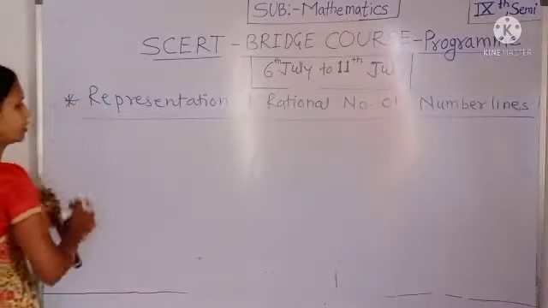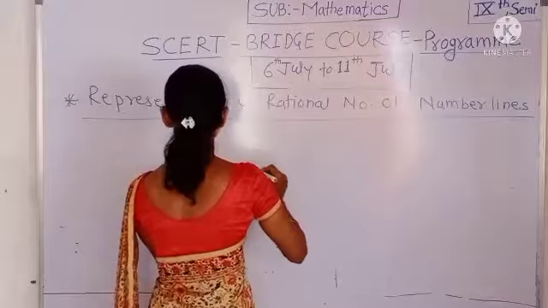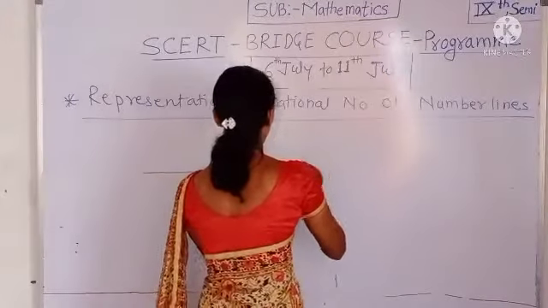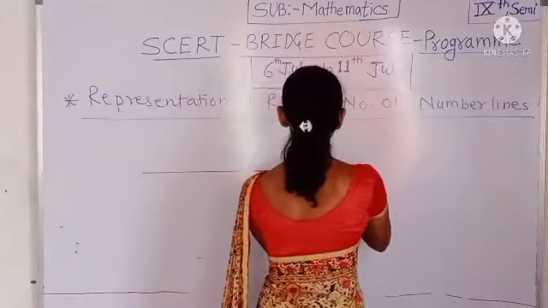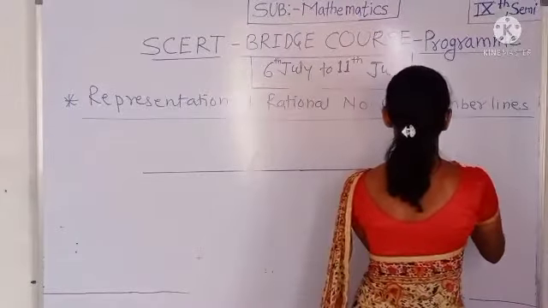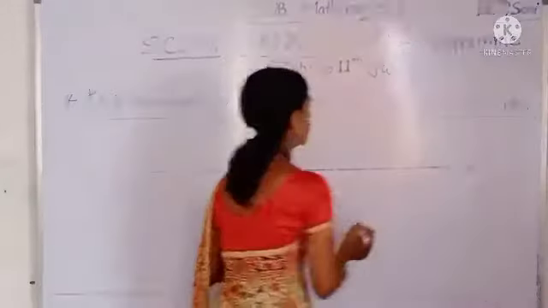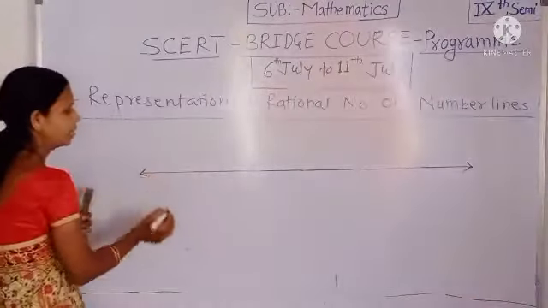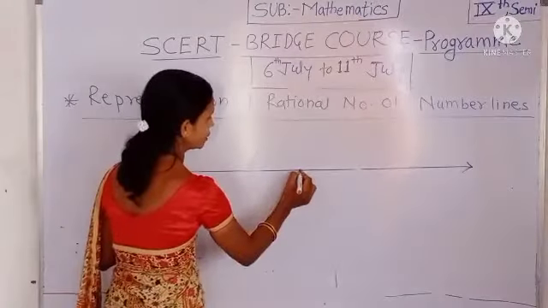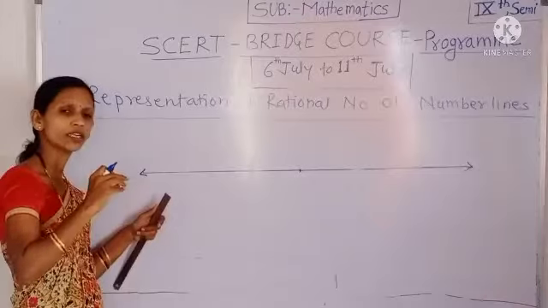Then see here, first of all we have to draw the number line on which there are positive numbers, negative numbers, and 0. Then see here, that number line on which there are different points.